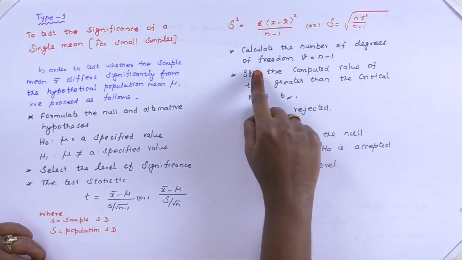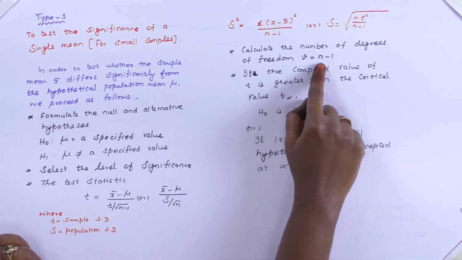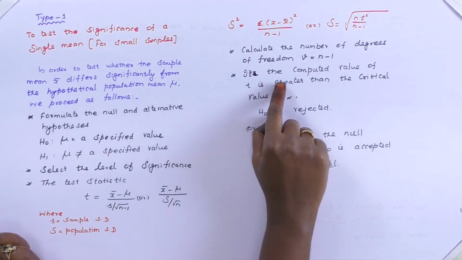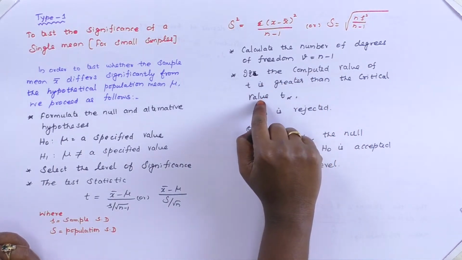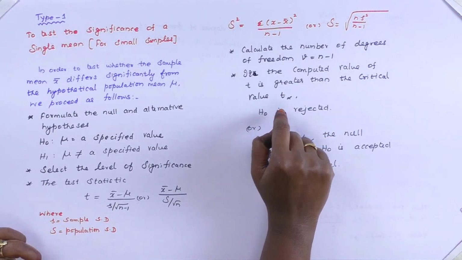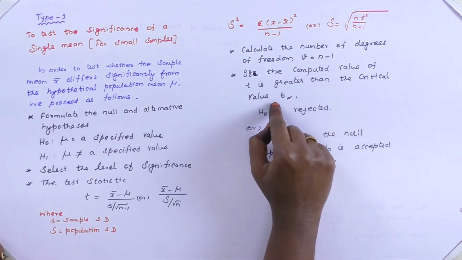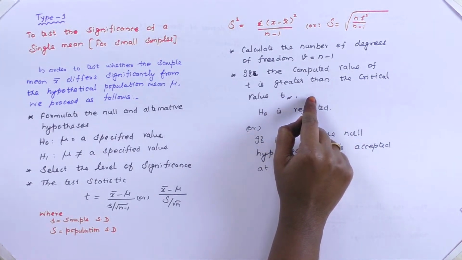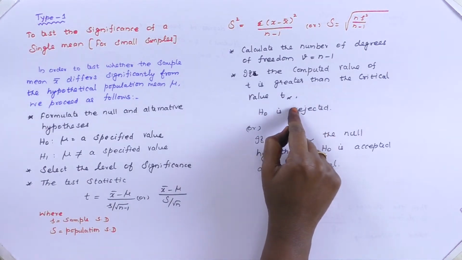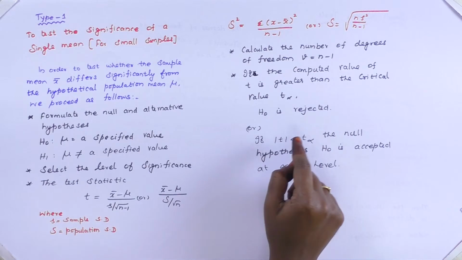Calculate the number of degrees of freedom, nu equal to n minus 1, that is sample size minus 1. If the computed value of t is greater than the critical value of t alpha, in that case H naught is rejected.